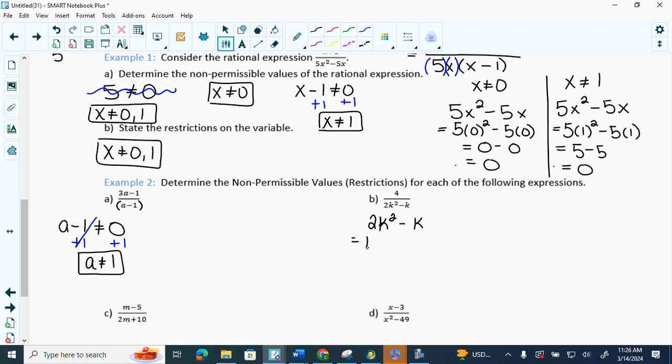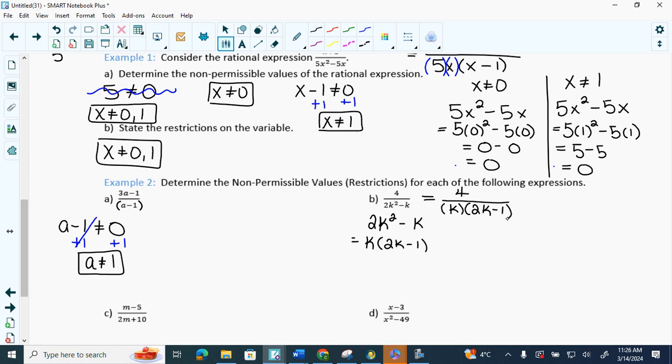I could take a k out, and I would be left with what? 2k minus 1. So I can actually rewrite this rational as 4 over k in brackets 2k minus 1. Can I not? Are those not the same thing? One is a more simplified form.